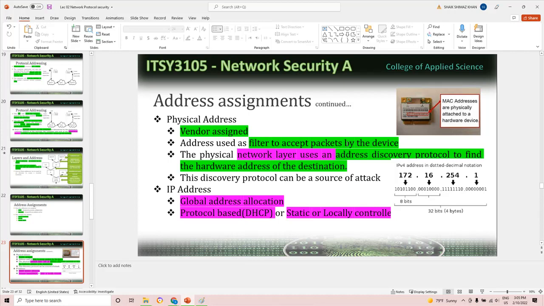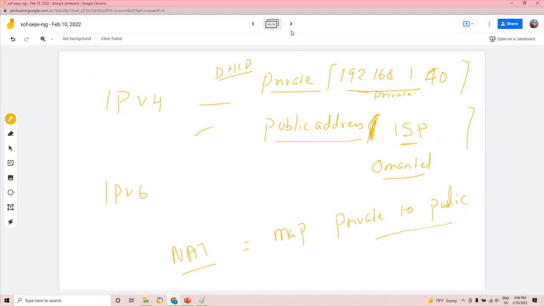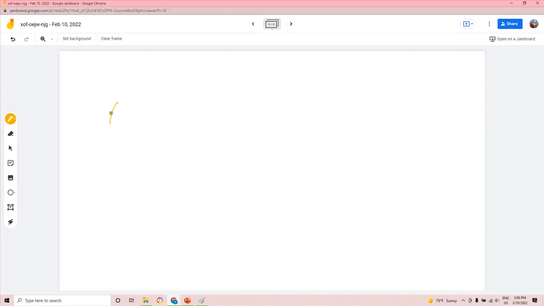So please understand, in the network layer there is a protocol called ARP, Address Resolution Protocol. When a system knows the IP address of another system, it has to find the MAC address, then only it can send the frame. So what will it do? For example, here is system A and system B, with this IP address.